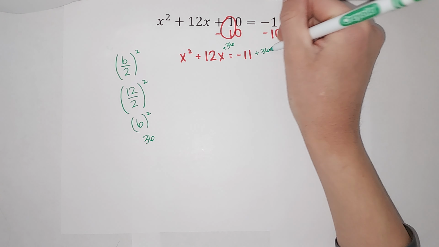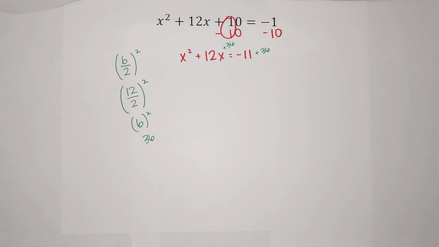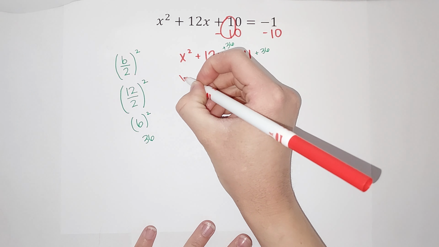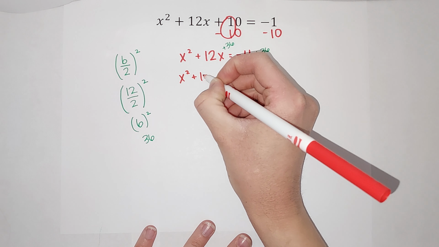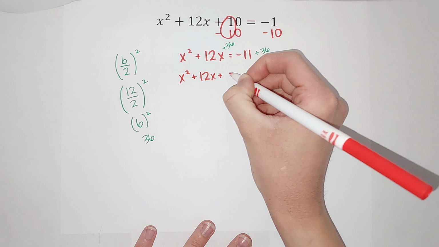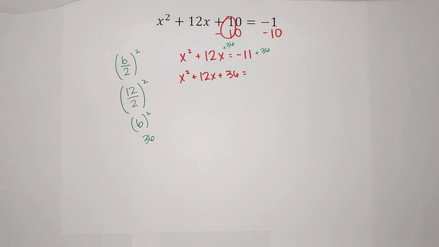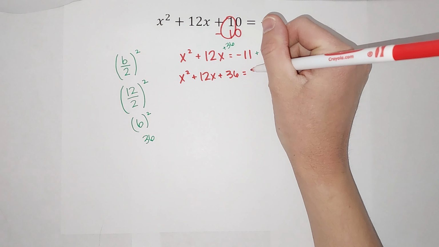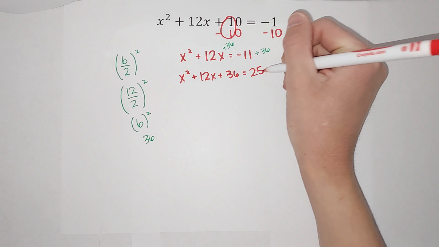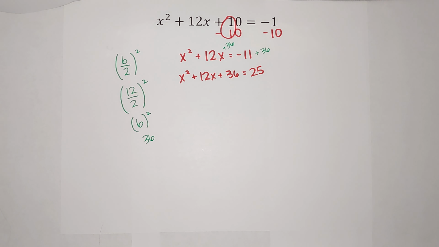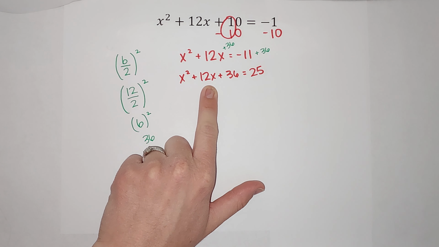All right, so now watch what happens when we do this. So it's going to be x squared plus 12x plus 36 equals -11 plus 36 gives me a positive 25. My next step is to factor this side.